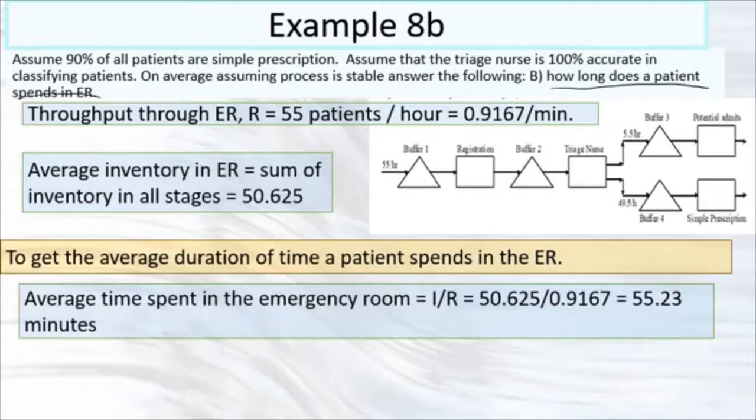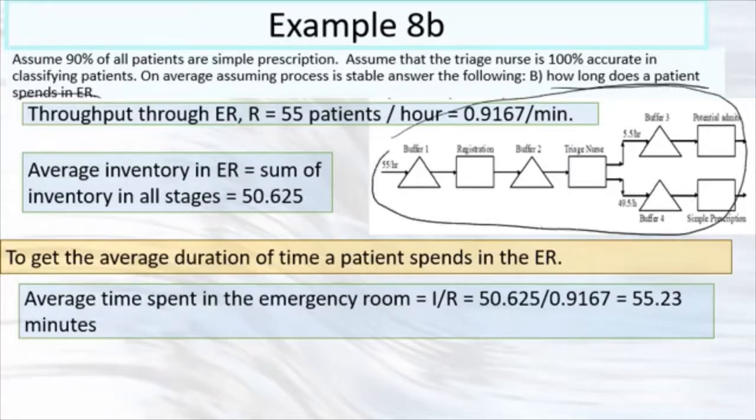We just calculated the overall inventory, which is I that we calculated in part A, and we know the flow rate coming in and leaving the whole process is 0.9167, because we converted it to minutes. We divide the inventory, 50.627, by that rate, and we should get 55.323 minutes.